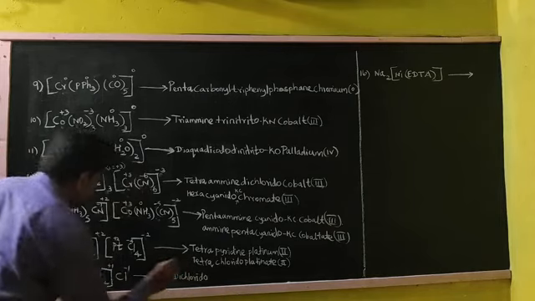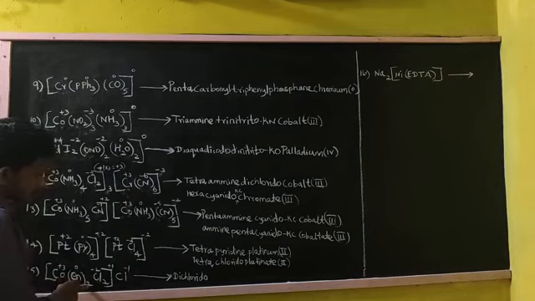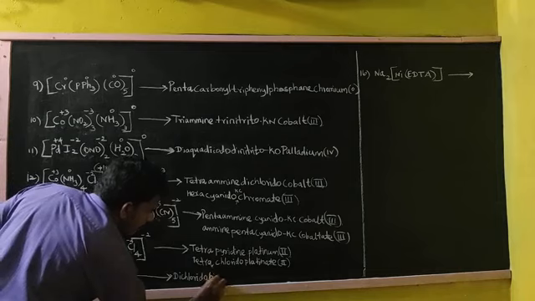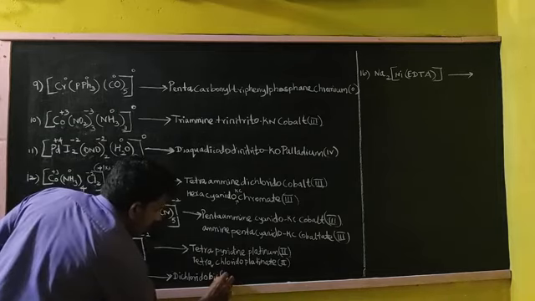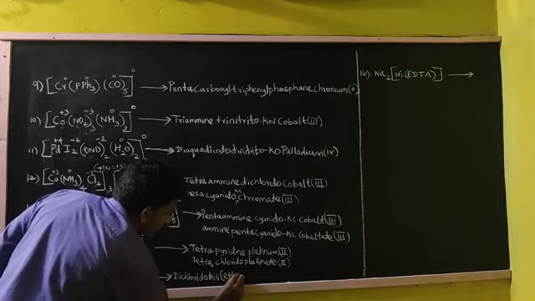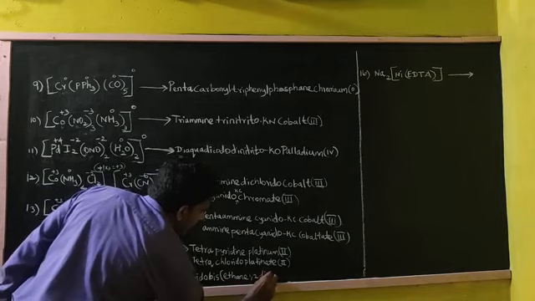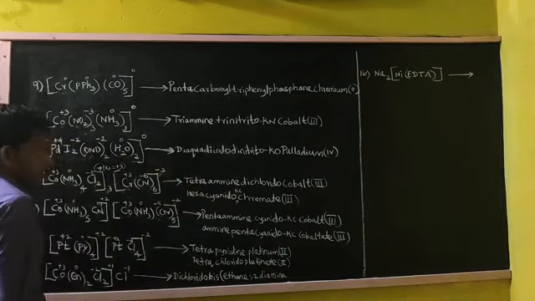Dichlorido. So ethylene diamine, ethane 1,2 diamine, right? The ligand name is ethane 1,2 diamine. So it's a bidentate. So 2 is here, prefix 2. So 2 means bis. So ethane 1,2 diamine we can mention in the bracket. Ethane 1,2 diamine, amine. Double m will not come, right?